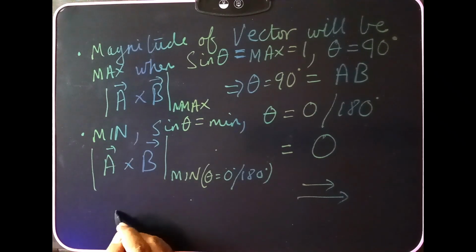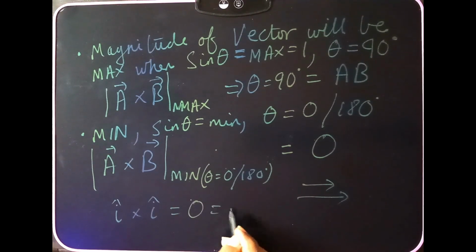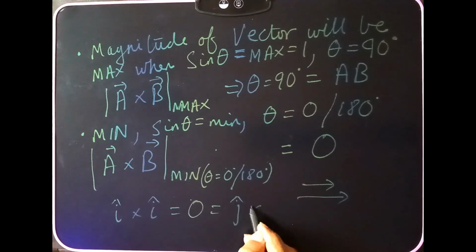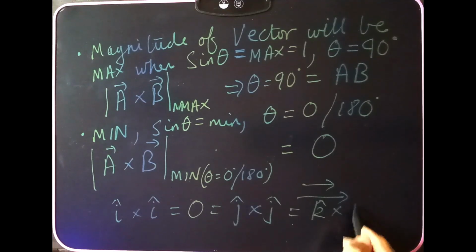For example, the cross product of two unit vectors i cross i is 0, and this is also the same for j cross j, and the same for k cross k, right? Because all these are parallel unit vectors. So the cross product of parallel unit vectors is 0.